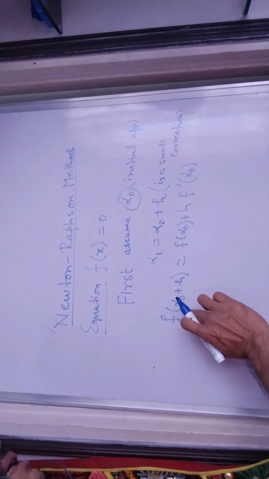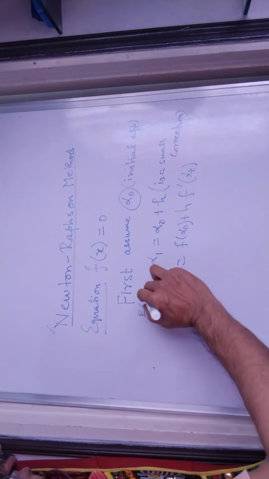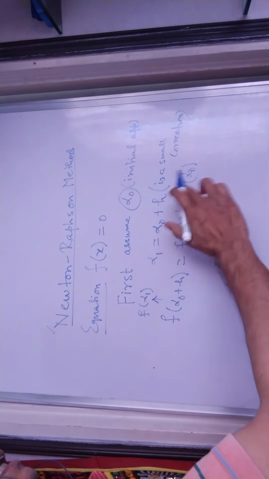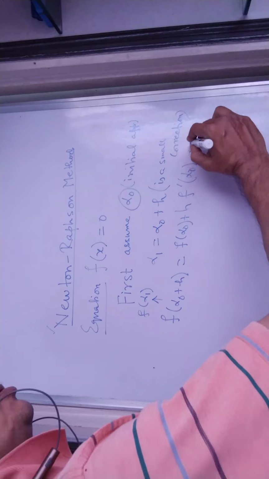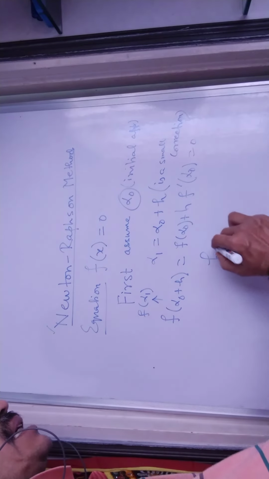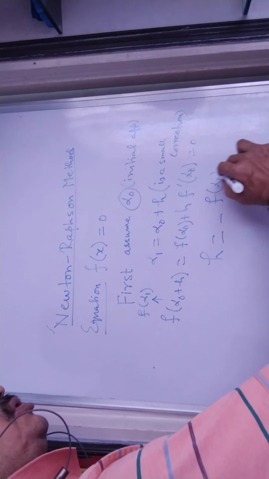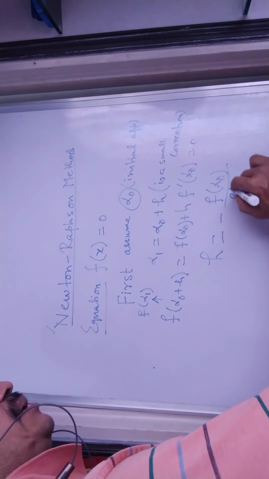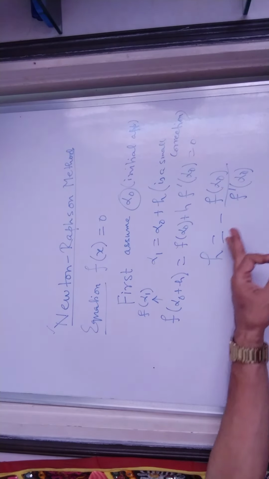So this is f alpha 1, isn't it so? And alpha 1 is the corrected version of the initial approximation. So we assume that this is 0, which gives the value of h as minus of f alpha 0 by f prime alpha 0. Okay? So this is clear.